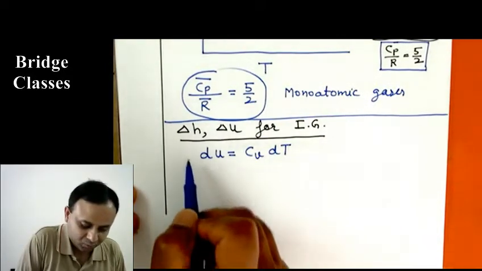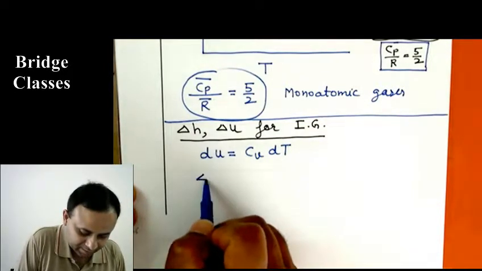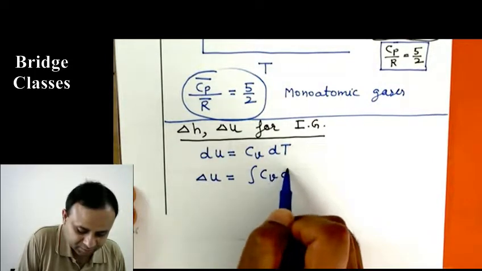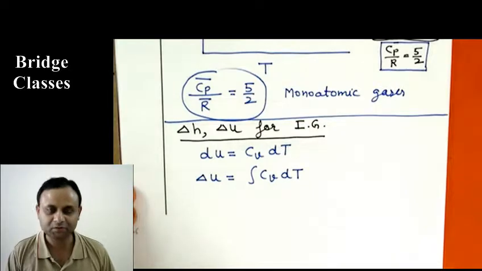So what will be delta U? If we integrate this expression, say between 1 and 2, then delta U is the integral of Cv dT, because Cv is a function of temperature.